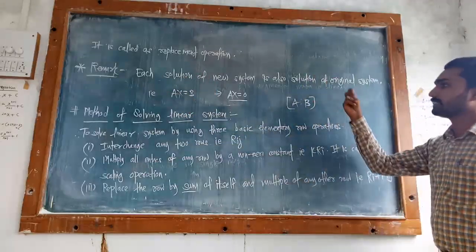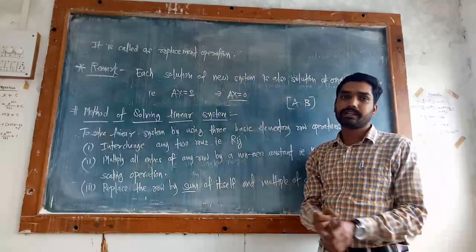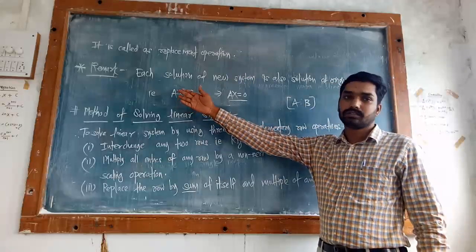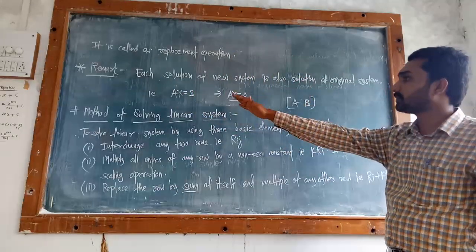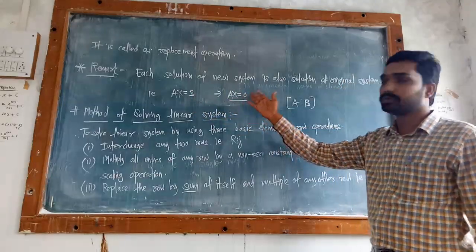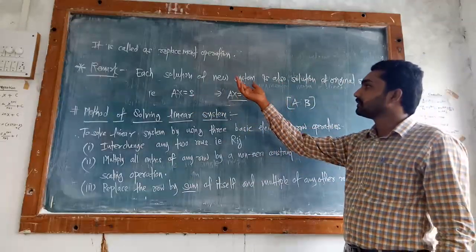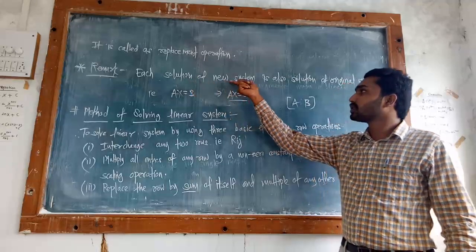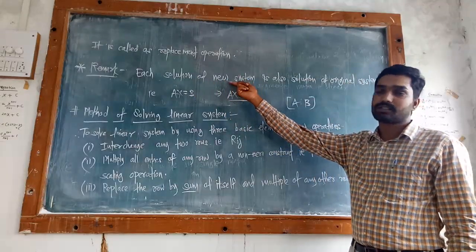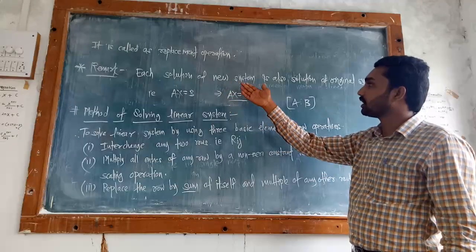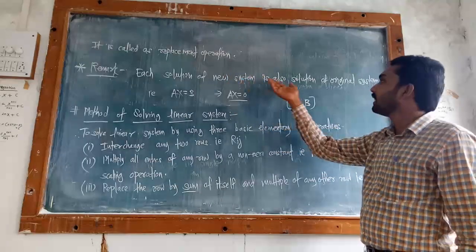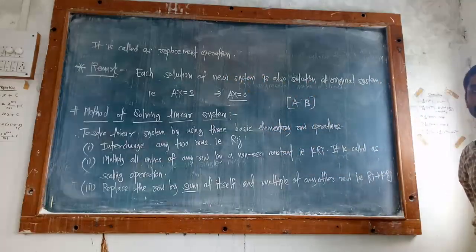So what do you want? Each solution of the new system. If we are given a non-homogeneous system, we can write the corresponding homogeneous system, so this is your new system. Each solution of the new system is also a solution of the original system.